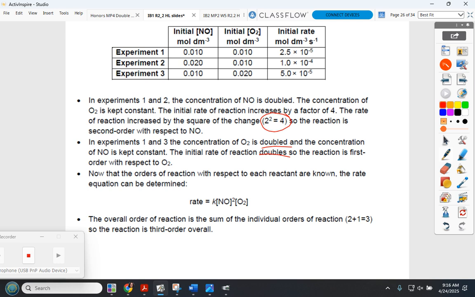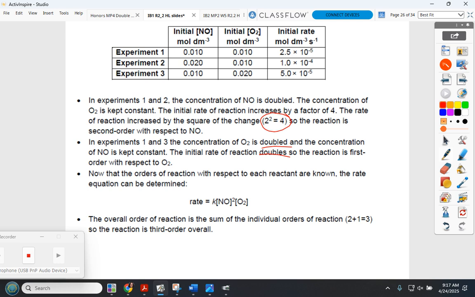Okay, so now we can write a rate equation where we can put the appropriate coefficients. So we can say that the rate is equal to K, which is the rate constant. We'll talk more about that later. We'll talk about it a little bit in a second, but more about it tomorrow. Rate constant times the concentration of NO squared times the concentration of O2. So both of them are contributing to possible changes in the rate.